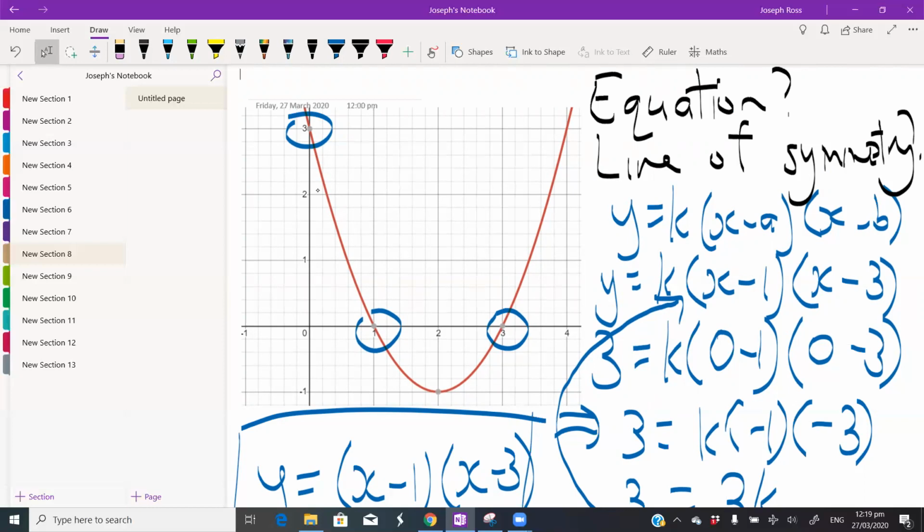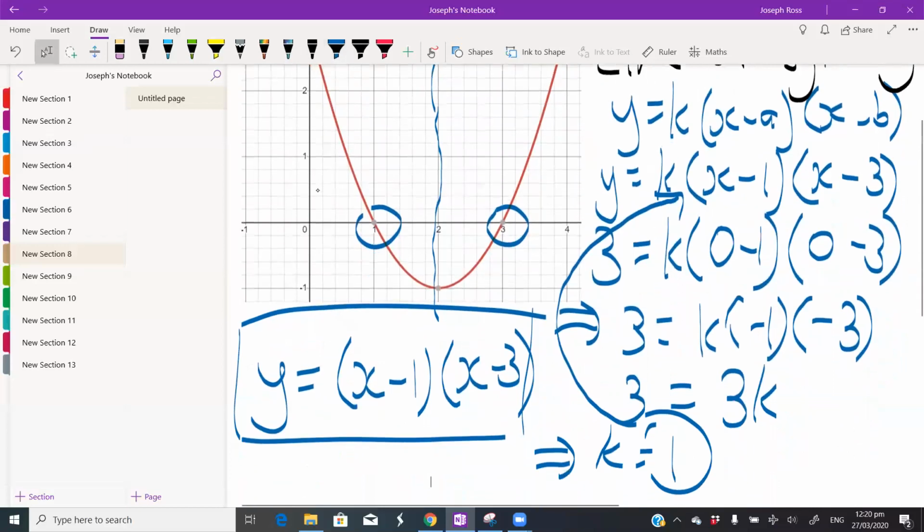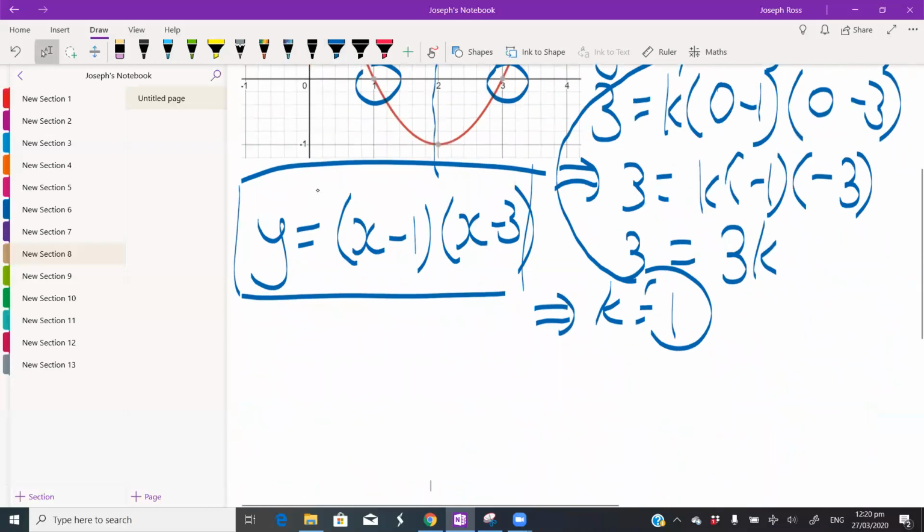Get the average of the x-intercepts, in other words. So 1 plus 3 is 4, divide by 2, we get 2 there. Okay, so if it's going to be symmetric around that line, assuming that that was a straight line, which it's not even close to, but if we picture that being a straight line, it would be symmetric about the line y equals 2.